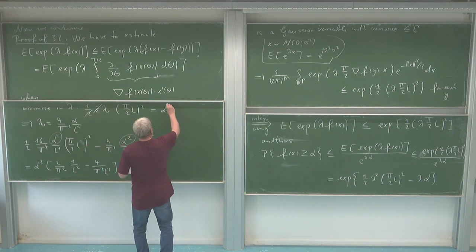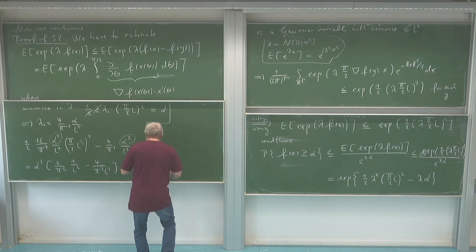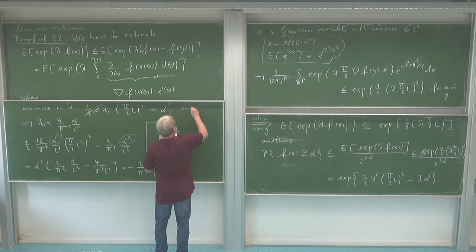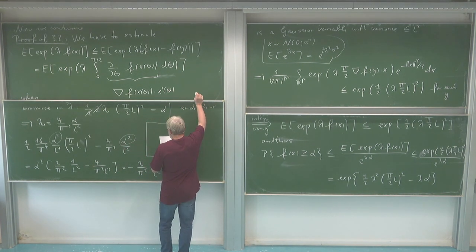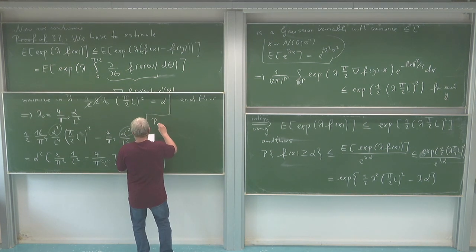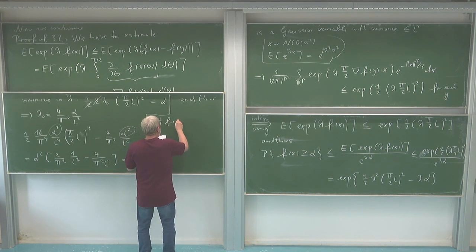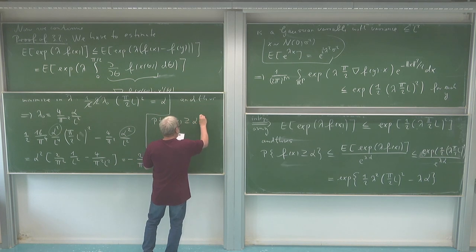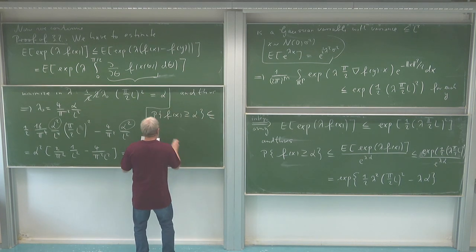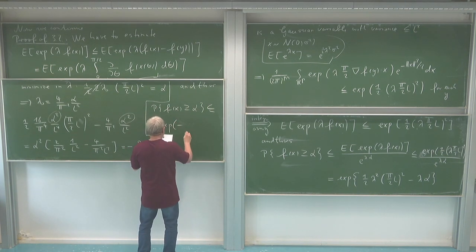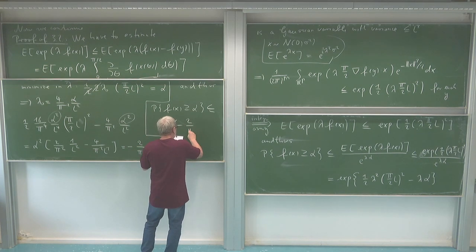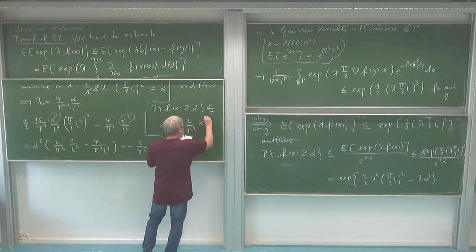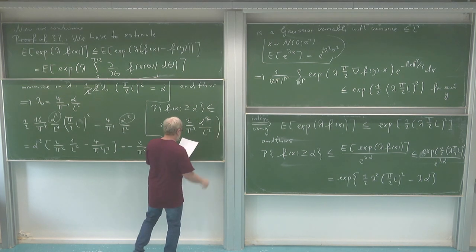Good. Okay, so what we see here is that the probability that f of x is bigger than alpha is less than the exponential of minus 2 over pi squared alpha squared divided by L squared.